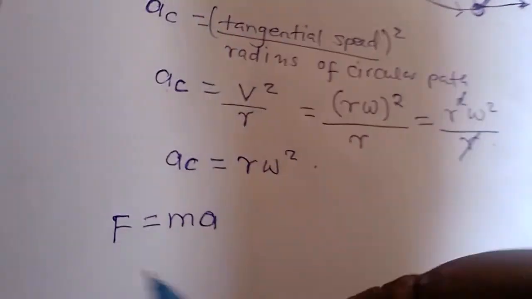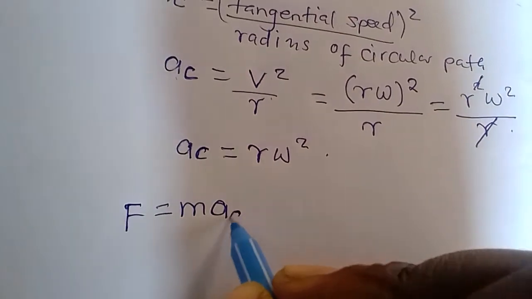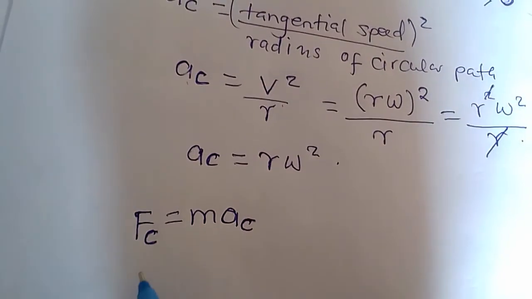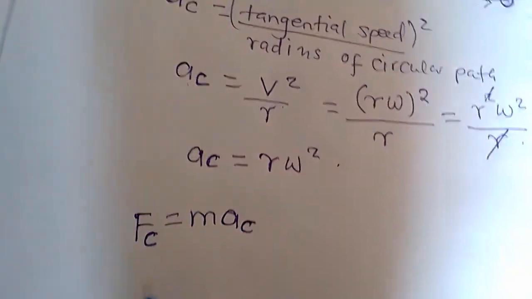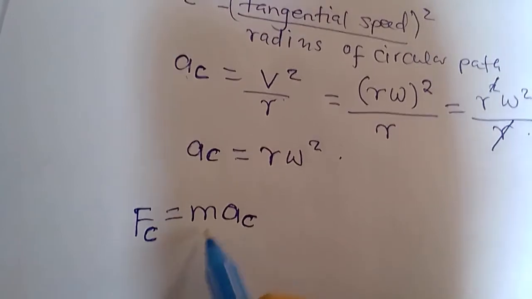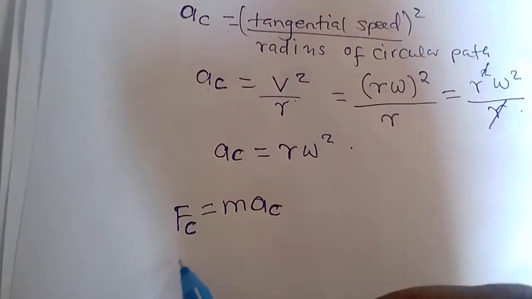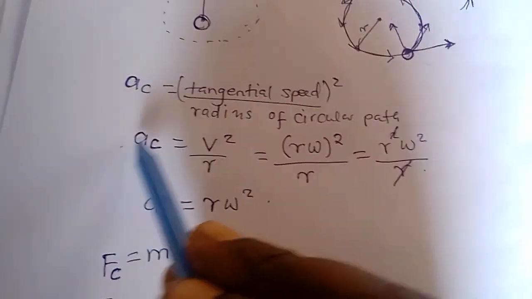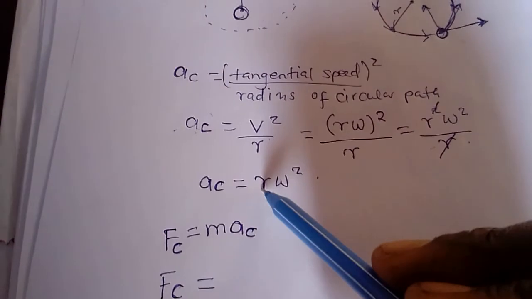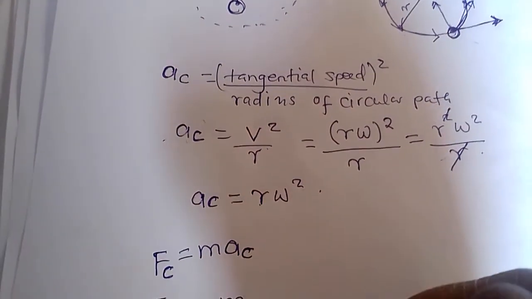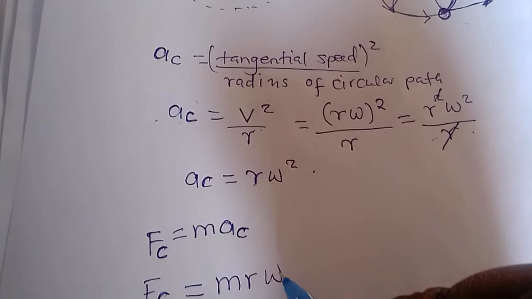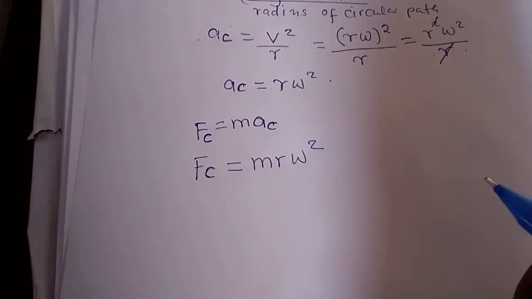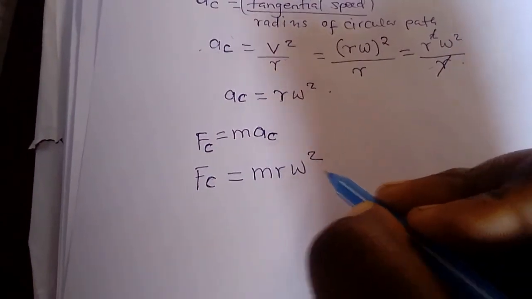So with reference to centripetal acceleration, we can talk of centripetal force. Now this centripetal force is m a_c, where a_c is the centripetal acceleration, which equals r omega squared. So we can say this is equal to m r omega squared. That is the centripetal force. Okay, so that's what we have for now.